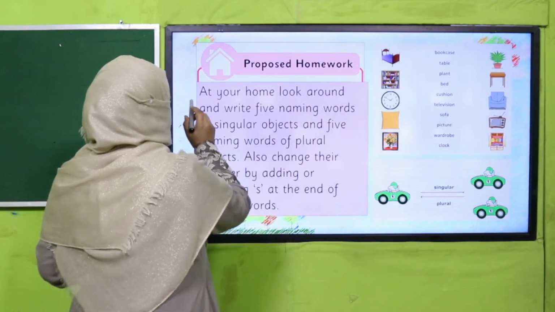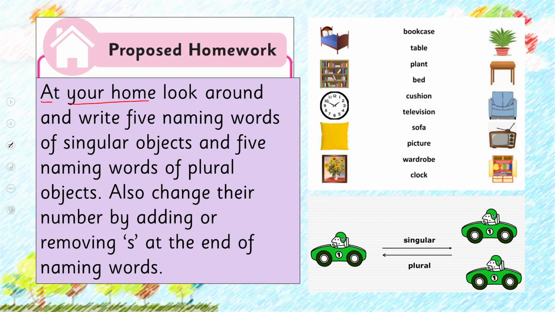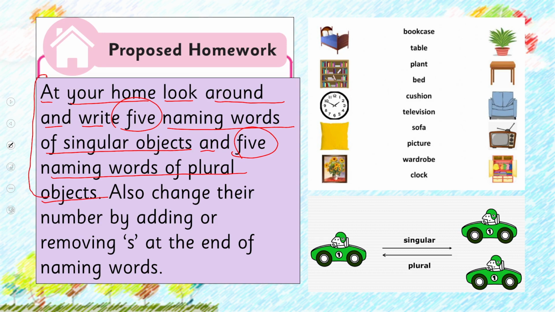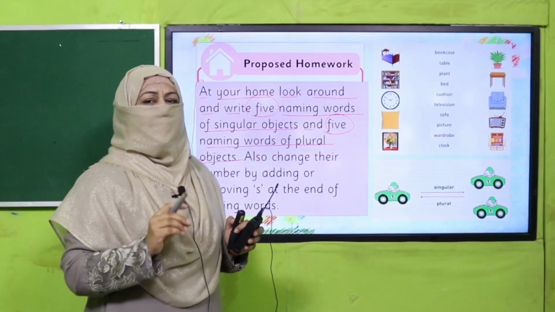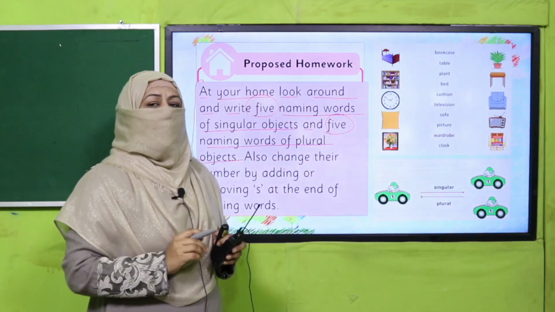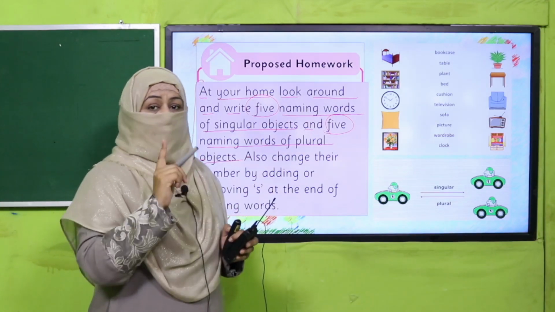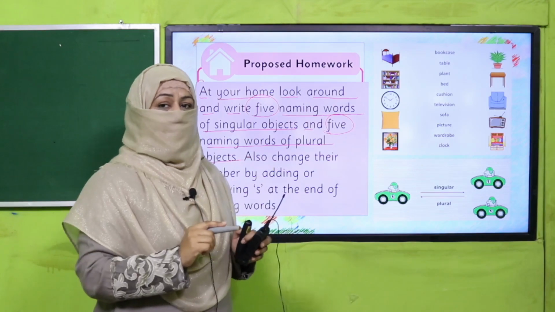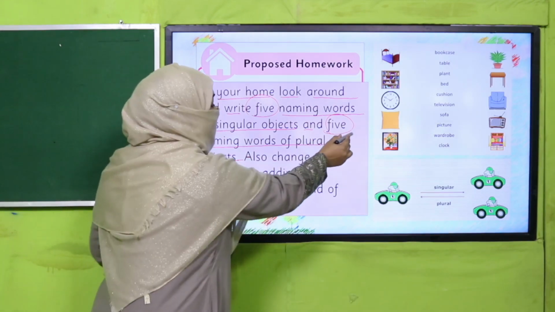What you will do? At your home, look around and write 5 naming words of singular objects and 5 naming words of plural objects. So what is the first step? You will find out what are the objects which are singular. For example, you have one gate, one car, so all these are singular, and you have to write 5 plural.